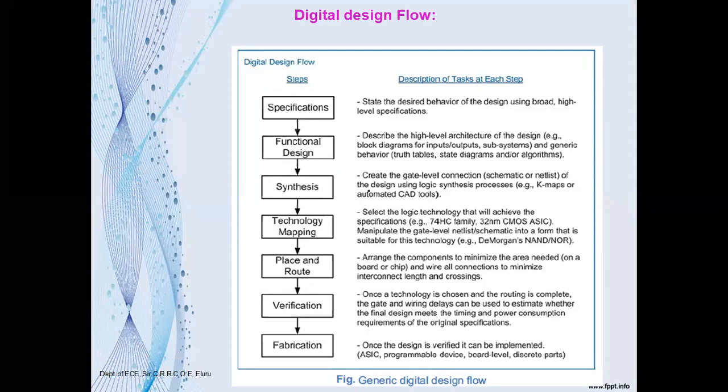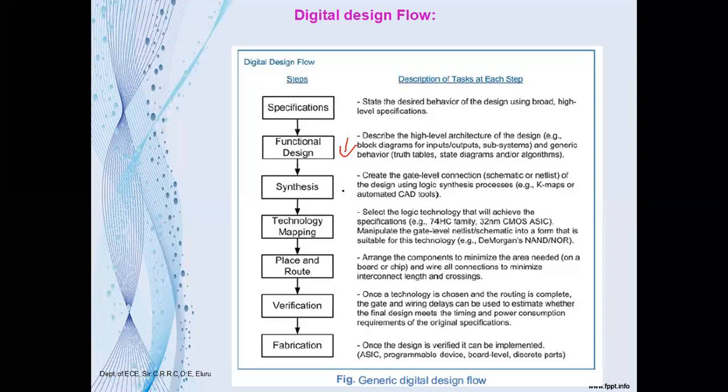Once the synthesis process is done, and the block diagrams are converted to the circuit level, that is the gate level, we go for technology mapping. Simply put, the block diagram is converted into a gate level circuit.